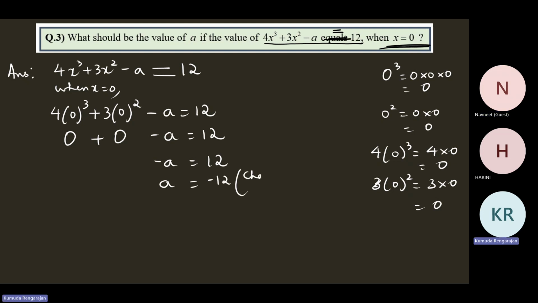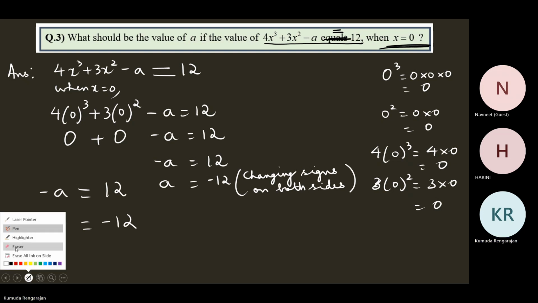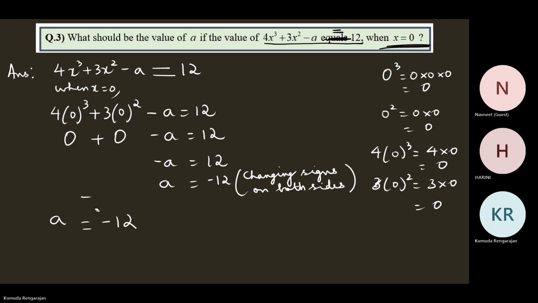The reason is changing signs on both the sides. The value of A is minus 12.